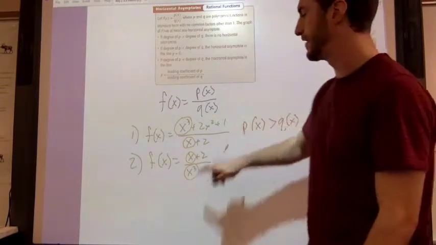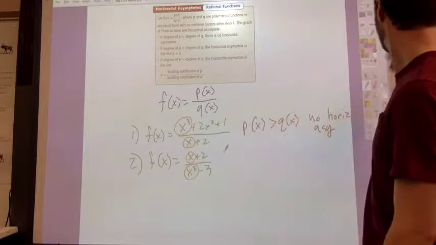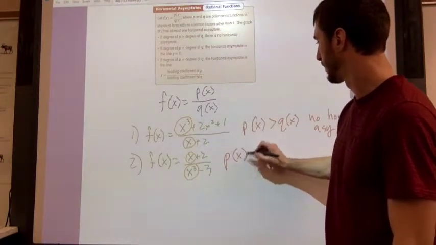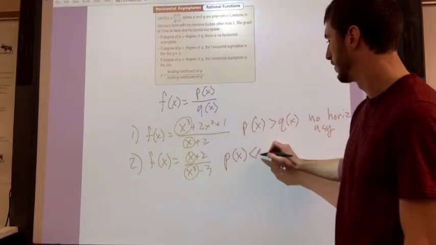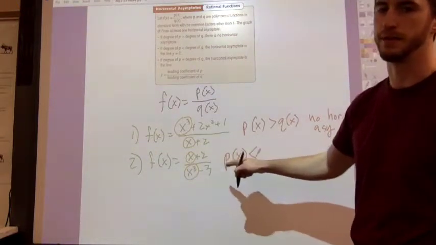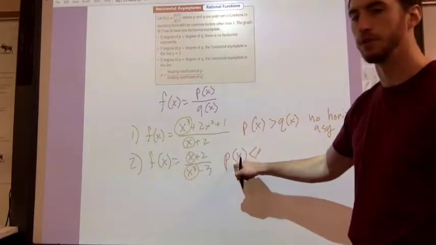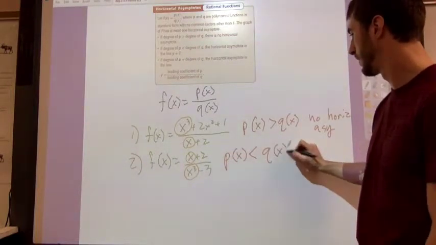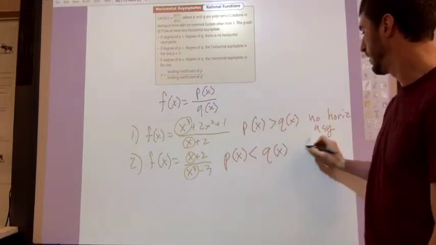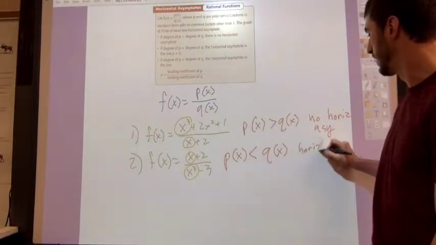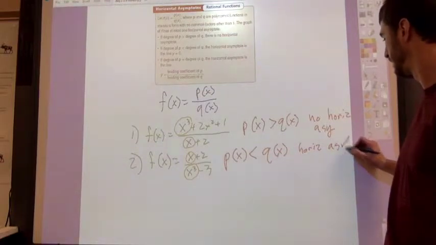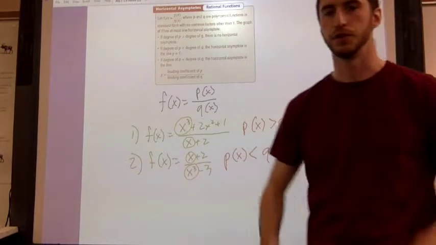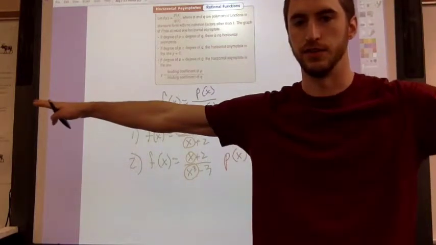So, in this case, when p of x, that's your numerator, is less than q of x, then your horizontal asymptote is going to be at y equals 0. So you're going to have a horizontal asymptote at 0.